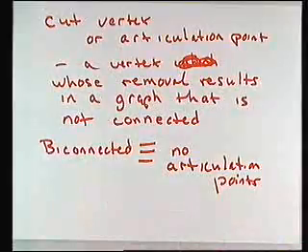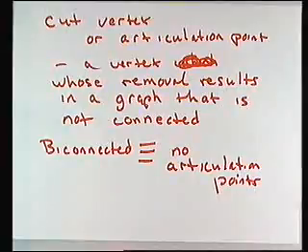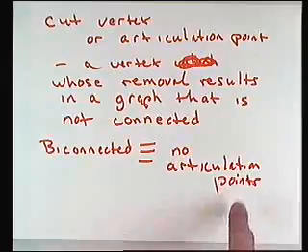So in terms of discovering whether a graph is biconnected, we might want to say, okay, is our current network layout going to be sufficient, or do we need to add some more cables or something like that? What we can do is to say, let's go ahead and try and find the articulation points in the graph.